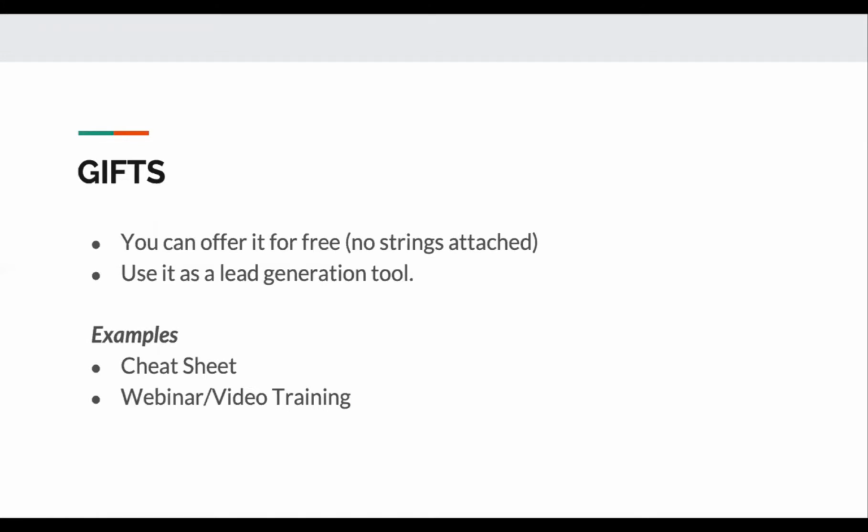So it gives you key points of a particular solution, or maybe it helps people solve their problems quickly by just giving an overview. So that's what a cheat sheet is. You don't have to explain much. Just give people straight to the point, no fluff, get them the solutions they need. That is what a cheat sheet is.